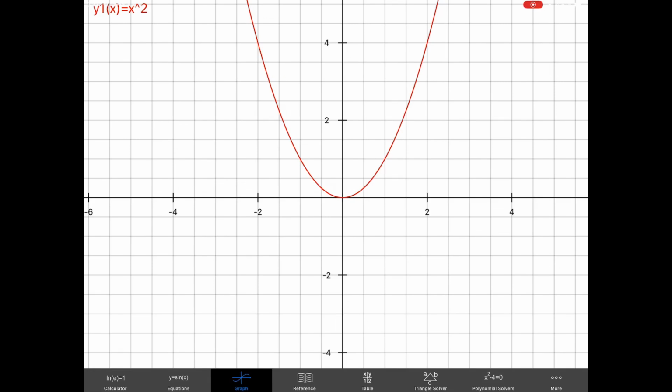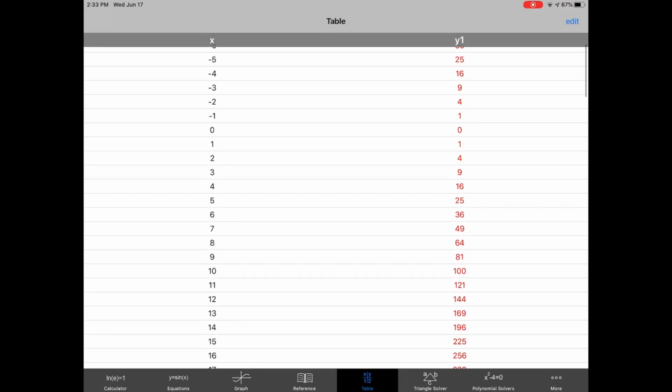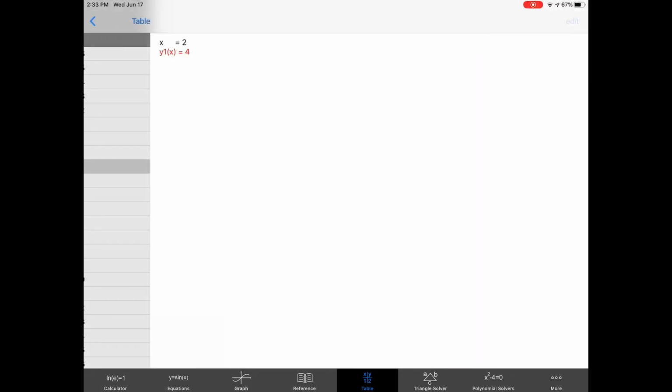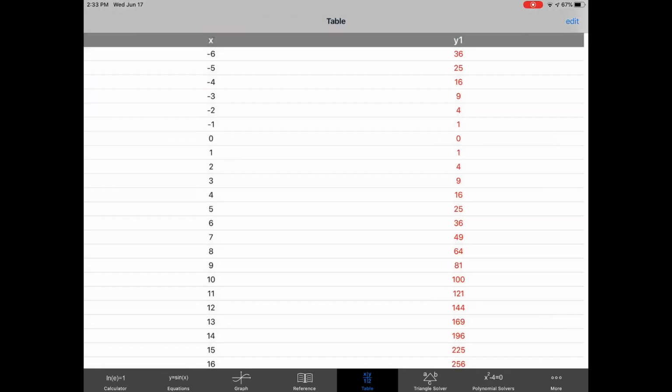And then I'm also going to go to the table, which is in the center at the bottom, and this gives you an idea of what the points look like. So 1 squared is 1. 2 squared is 4. 3 squared is 9, and so on.